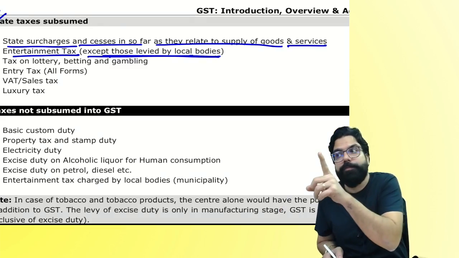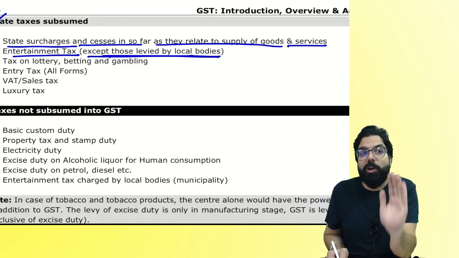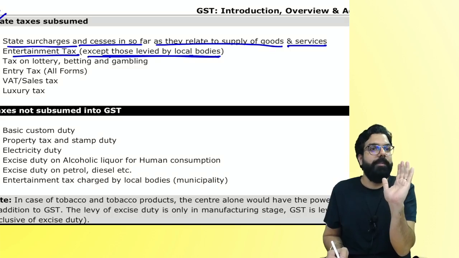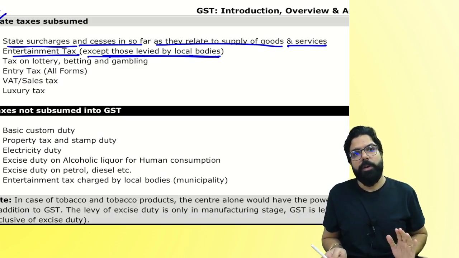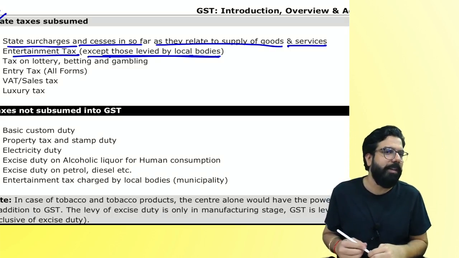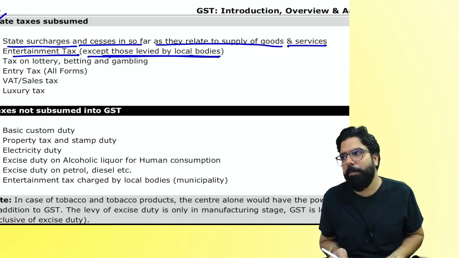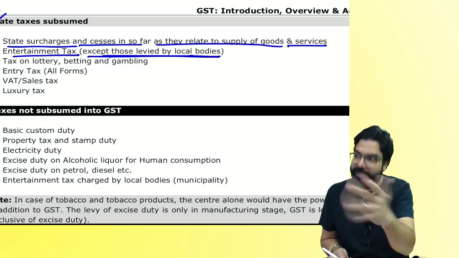That is not gone. Only the state entertainment tax is gone. Whatever entertainment tax was levied by local authorities is still continuing, because that is generally collected by the local municipality and local panchayat for their needs, and the government is saying we will continue that. So it's like a backdoor entry of entertainment tax. It's still there.